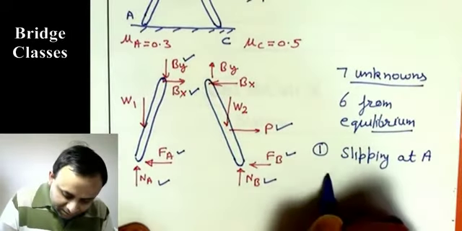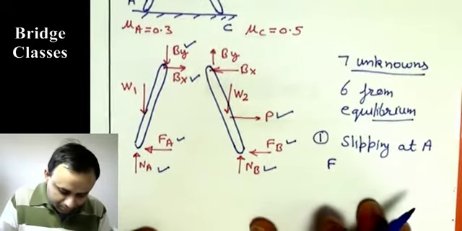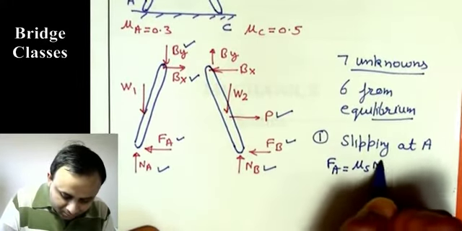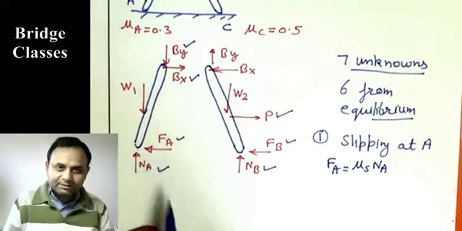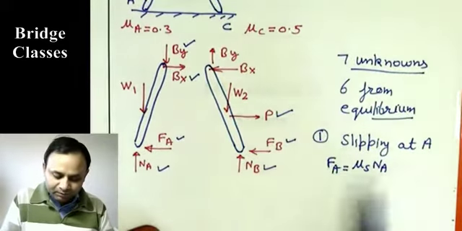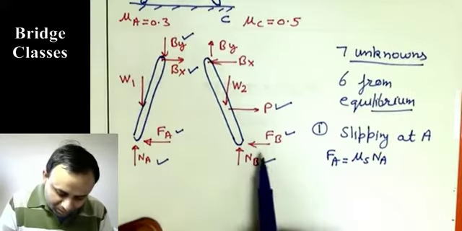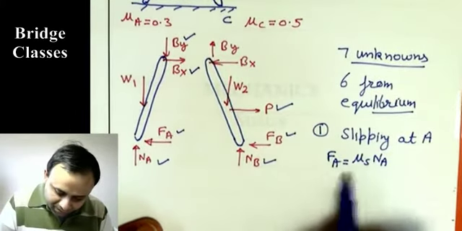So then we can write Fa will be mu s Na and it will act in this direction, because it will move in that direction. That is slipping at A. But then we will have to verify.